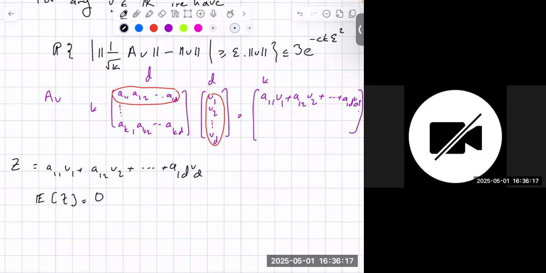How about the variance? Expectation of Z squared: since A11, A12, and so on are independent from each other, it's going to come out kind of nice. It's going to be the expectation of A11 squared times V1 squared, plus the expectation of A12 squared times V2 squared.